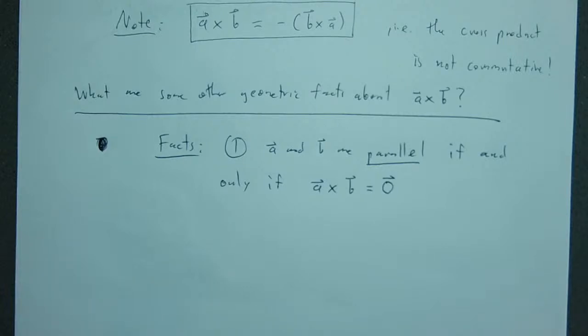A cross B cross C is something we can talk about, because we couldn't do that with dot products. We couldn't talk about A dot B dot C, because A dot B was a scalar, and then dotting a scalar by a vector didn't make any sense. But a triple cross product makes sense because the cross product of two vectors is a vector, so I can cross two vectors and then cross the result with a third vector. So that's something else I can do.